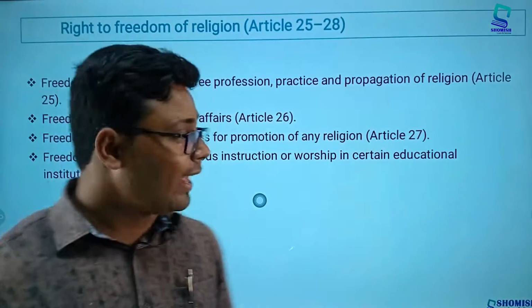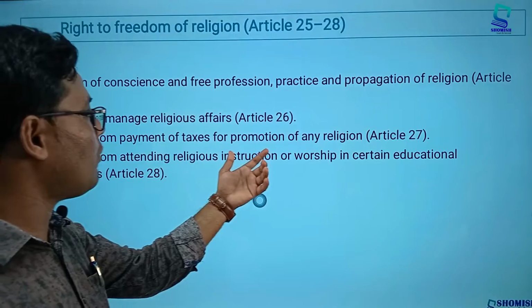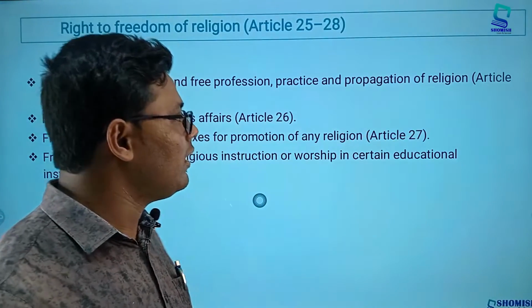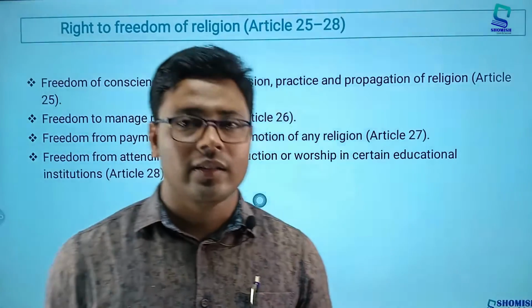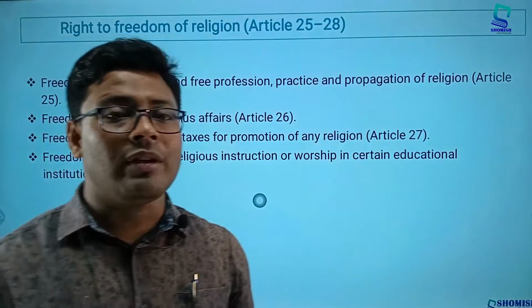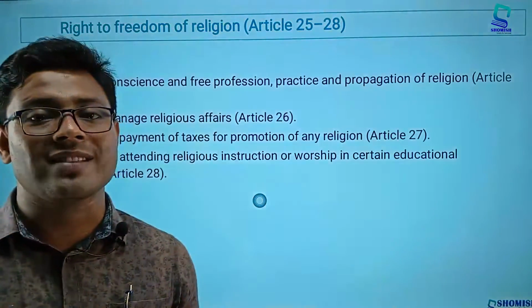Okay, the next article, freedom from payment of taxes for promotion of any religion, Article 27. Yes, that's why our religious places are free from taxation.